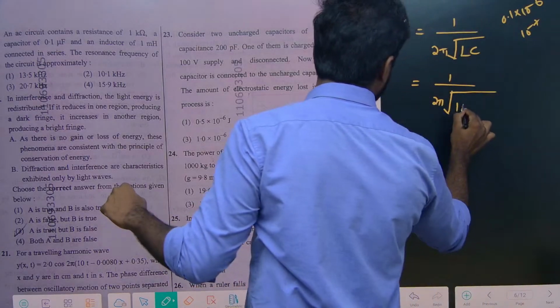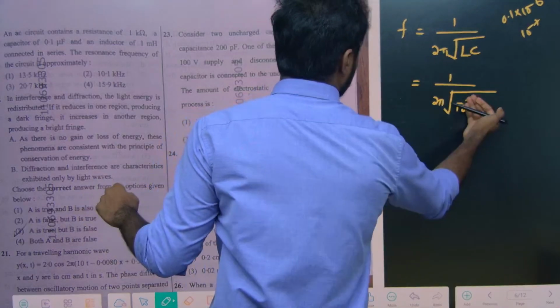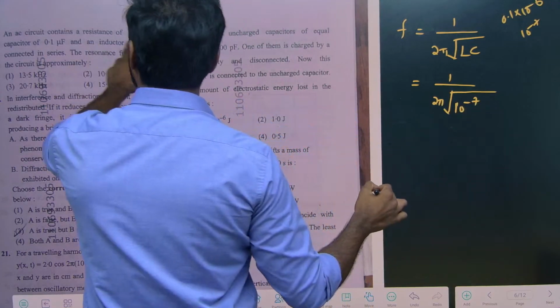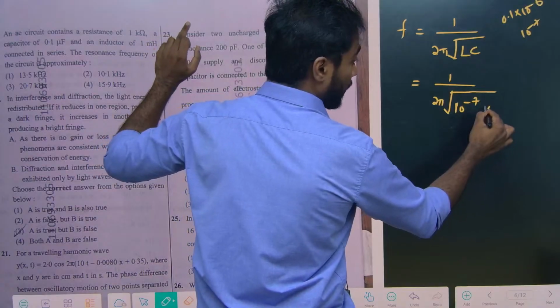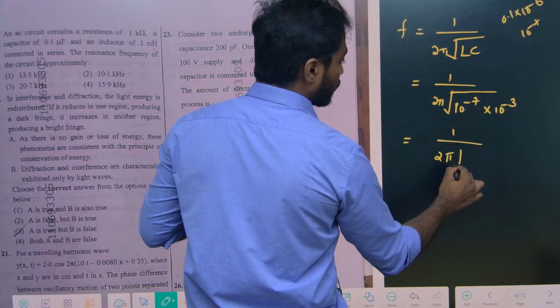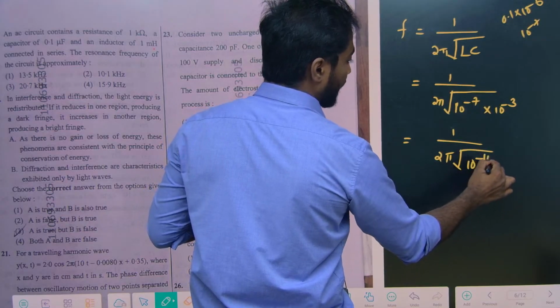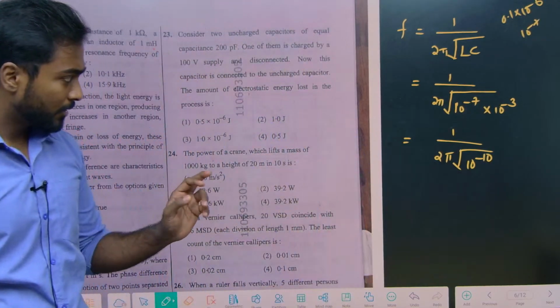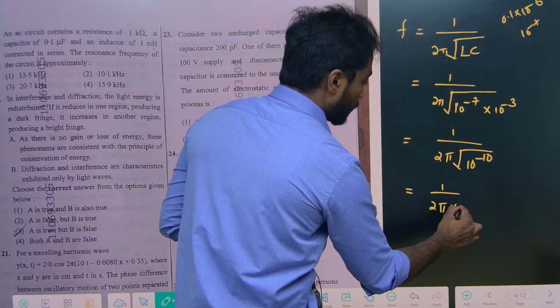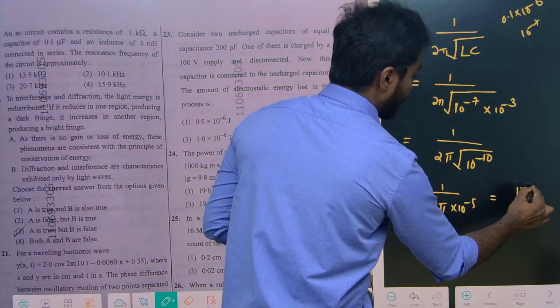Into 1 microhenry, 10 power minus 3. So 1 by 2 pi root over 10 power minus 10, so 1 by 2 pi into 10 power minus 5, which is 10 power 5 divided by 2 pi.